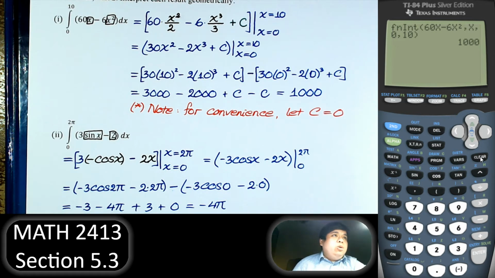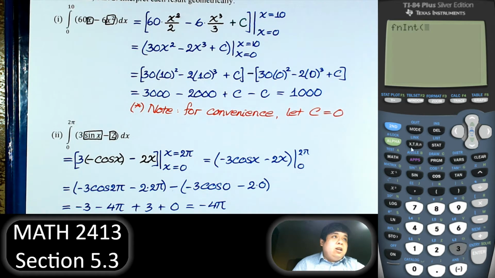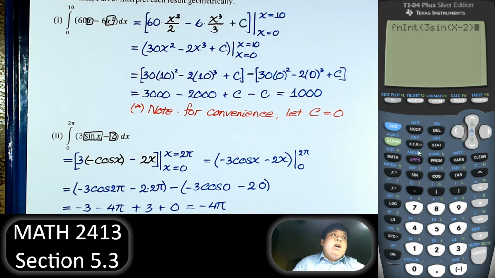So if we want to check our answer, make sure it is in radian mode when we do this. Math number 9, the function is 3 sine x minus 2. The variable, let's close that. The variable is x. That goes from 0 to 2 pi.